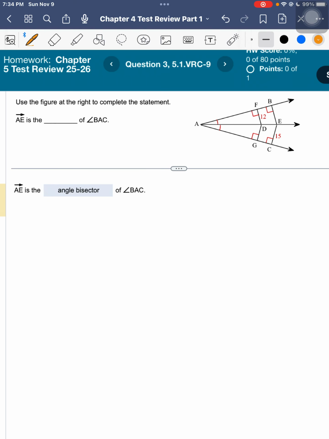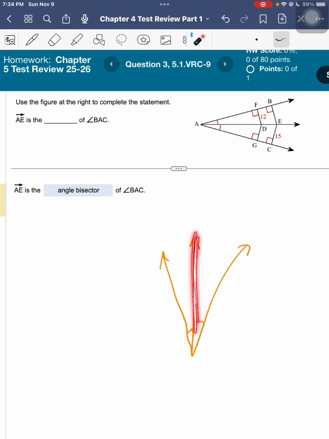It's the same thing for the angle bisector. If I have an angle bisector, which is always a ray, any point on this angle bisector is going to be equidistant to the sides of the angle.